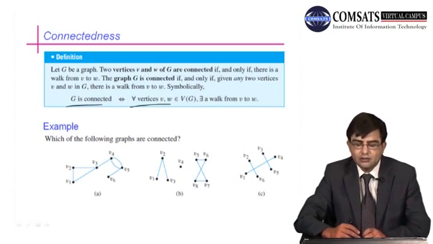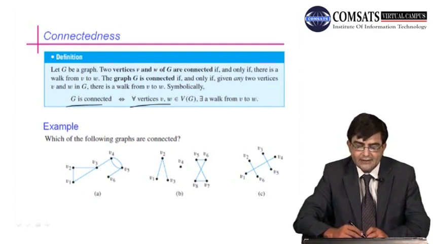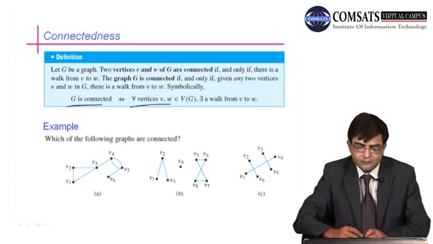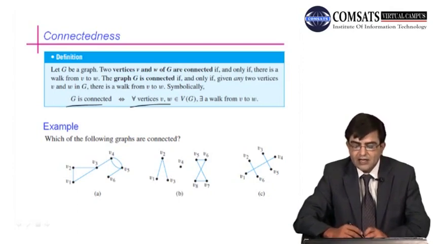If there is not a walk, then we cannot say that the graph is connected. So there must not be just a trivial walk. You can add this here, because trivial walks could be the walks of isolated vertices also.